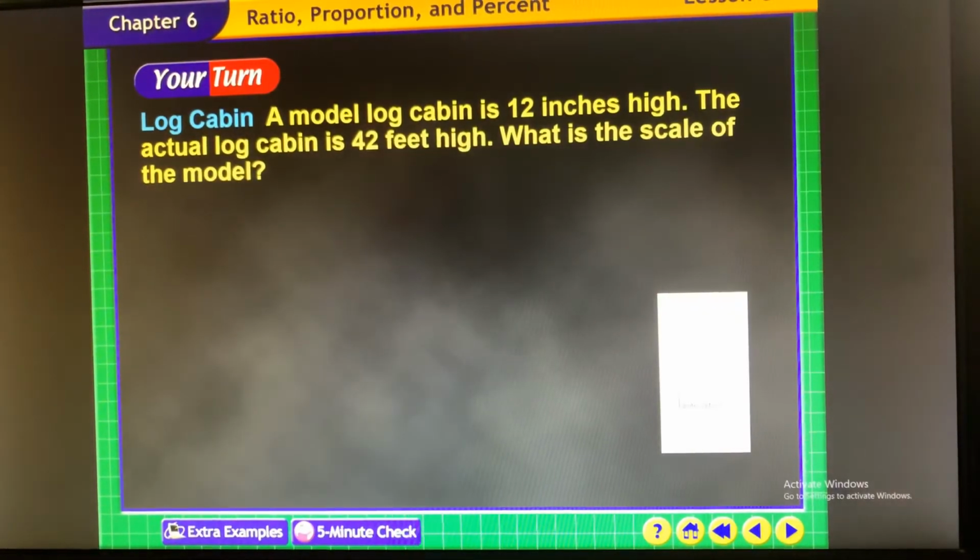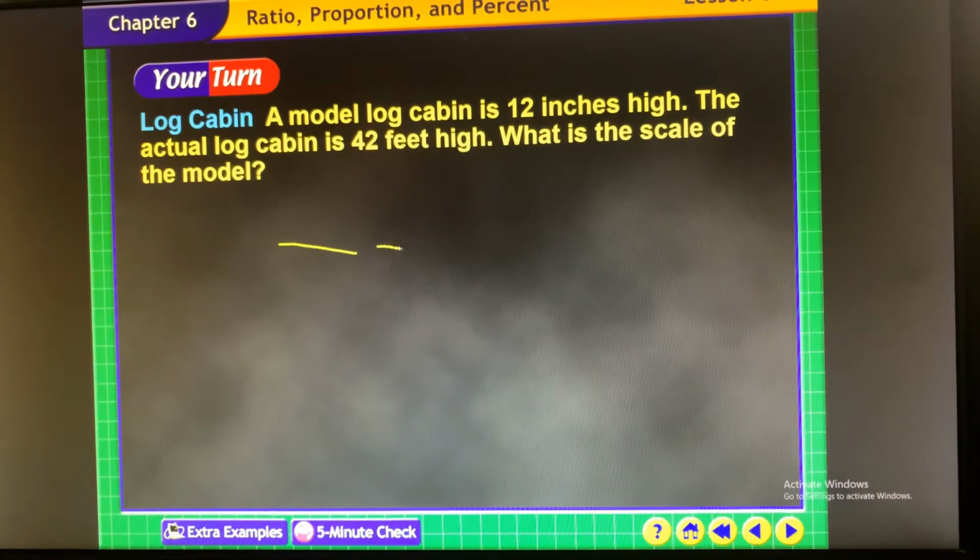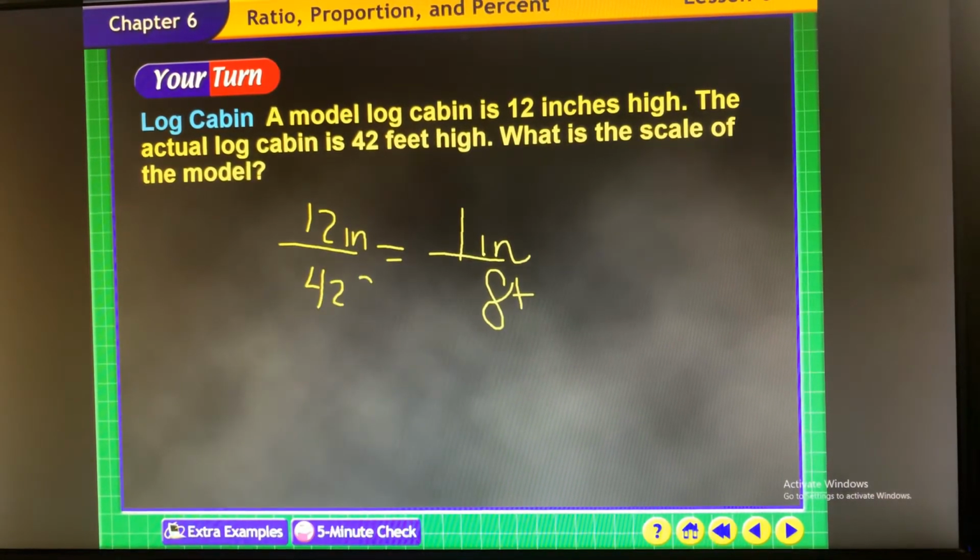Okay, so let's do that again. So set up your proportion. You get to assume 1 inch. You're looking for this right here. You have 12 inches over here and 42 feet right here.